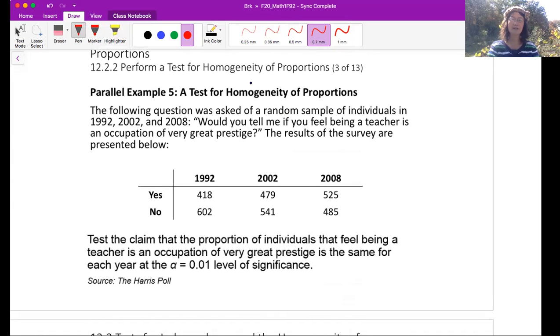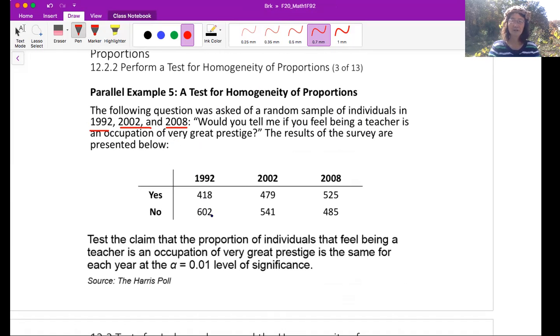The following question was asked of a random sample of individuals in 1992, 2002, 2008: Would you tell me if you feel being a teacher is an occupation of very great prestige? The results of the survey are presented below.